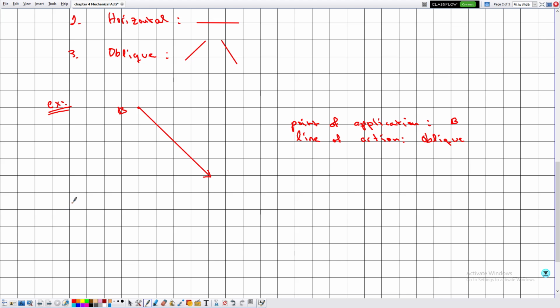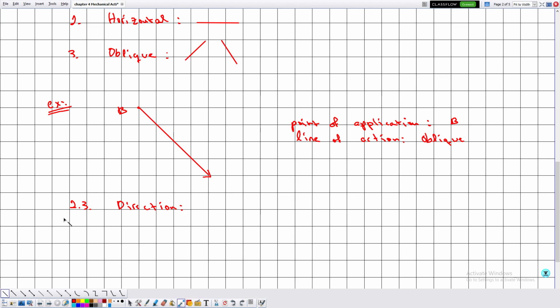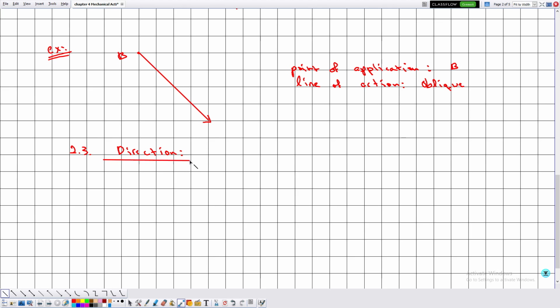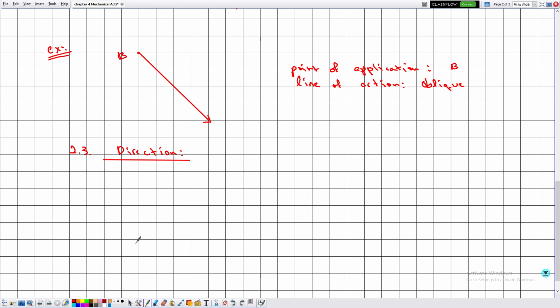Now let's move to 2.3, the direction, and this is very important. Now, why is it important to introduce the direction? First, let me define what is meant by direction.